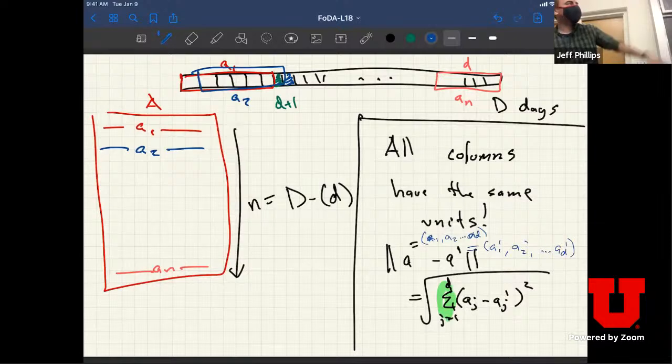And these are both, think of them as both rows in the matrix, but we'll use this distance in some other context too. Okay, great.